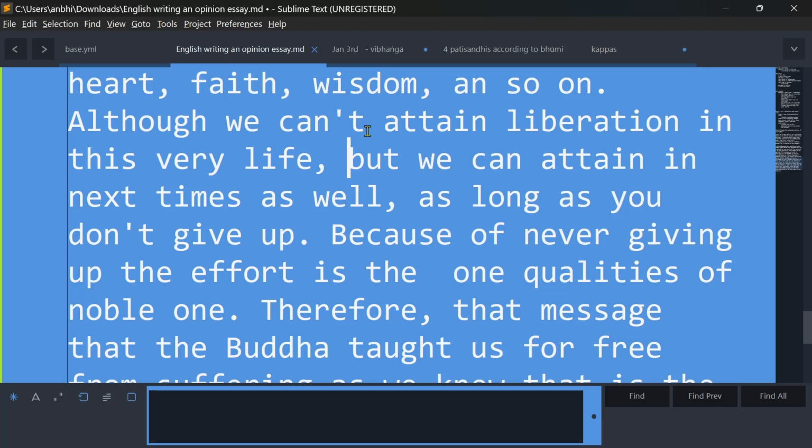This sounds like it's not possible to attain liberation. You see? What this clause is saying is that we cannot. It's impossible. So it's not really true, right? What he wants to say, I think, is what?